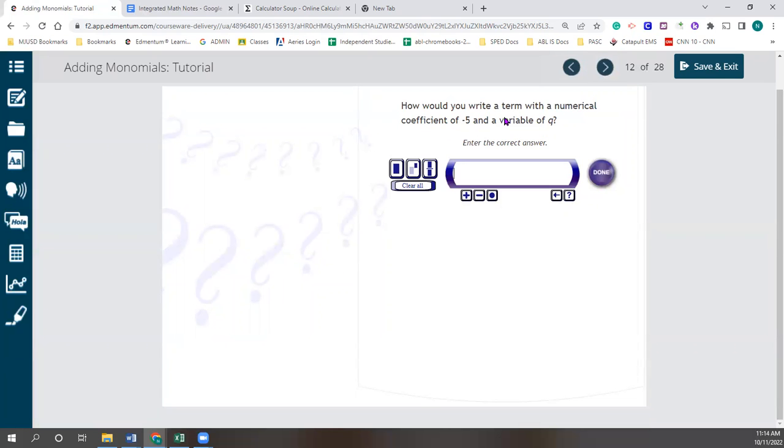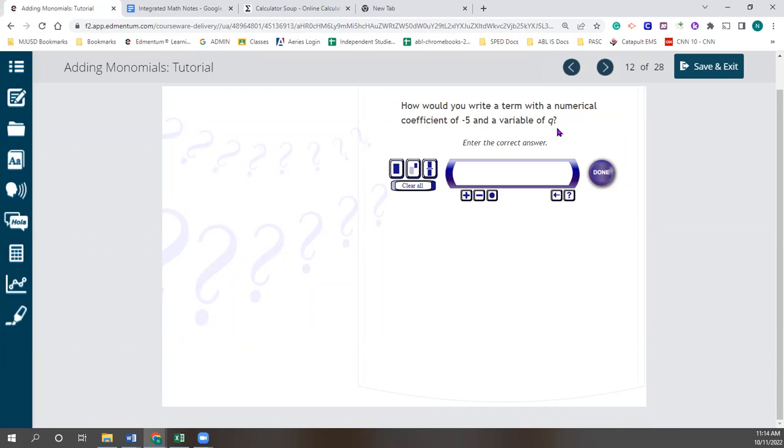How would you write a term with a numerical coefficient of -5 and a variable of q? So this one is, how would you write the term? Not just identifying the coefficient, but the term.